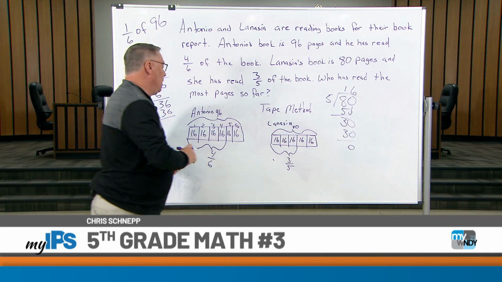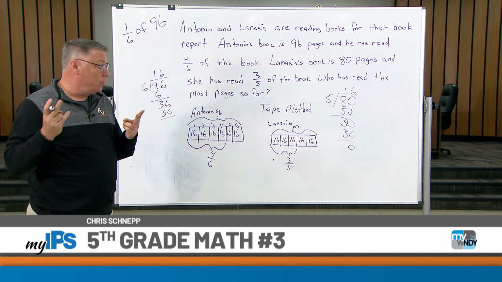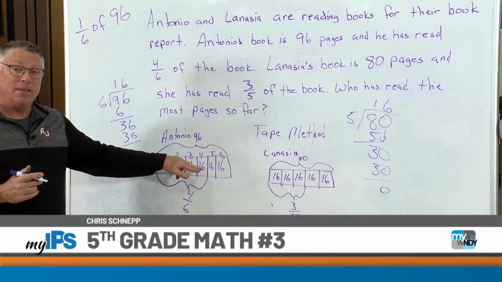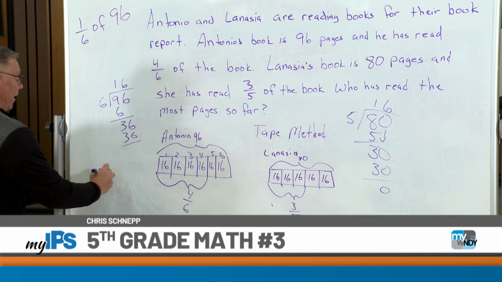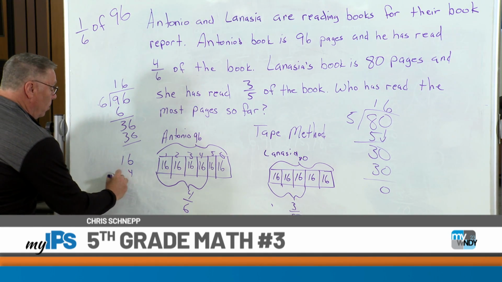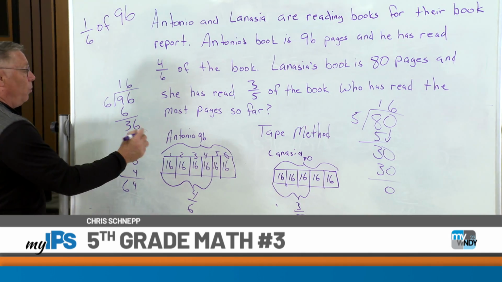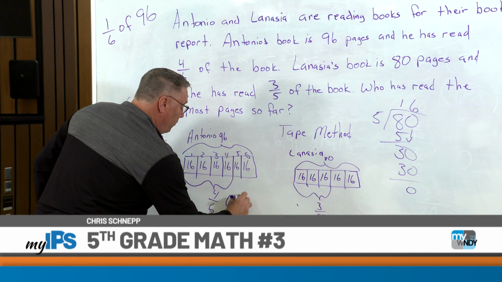Now I can do it 2 ways. I can add 16 plus 16 plus 16 plus 16, or I can multiply 16 times 4. 16 times 4 is 64. So Antonio has read 64 pages.